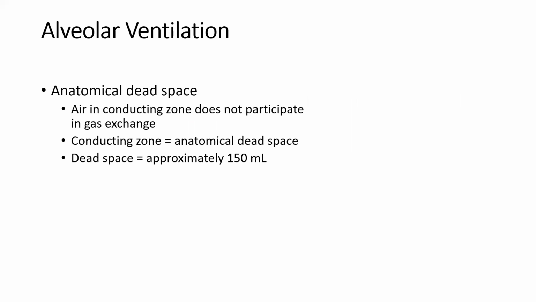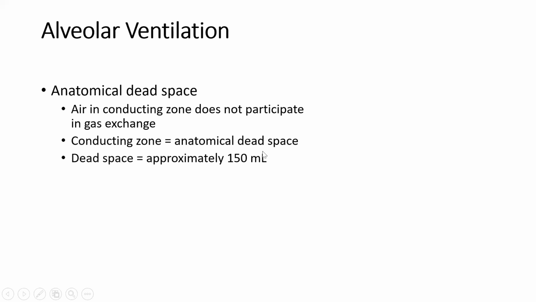And we spoke about the anatomical dead space as the air in our conducting zone that is not actively participating in gas exchange. It's the air that's sitting between the pharynx all the way down to the respiratory zone. And so we should take that air into account as we think about our rate of ventilation, right?